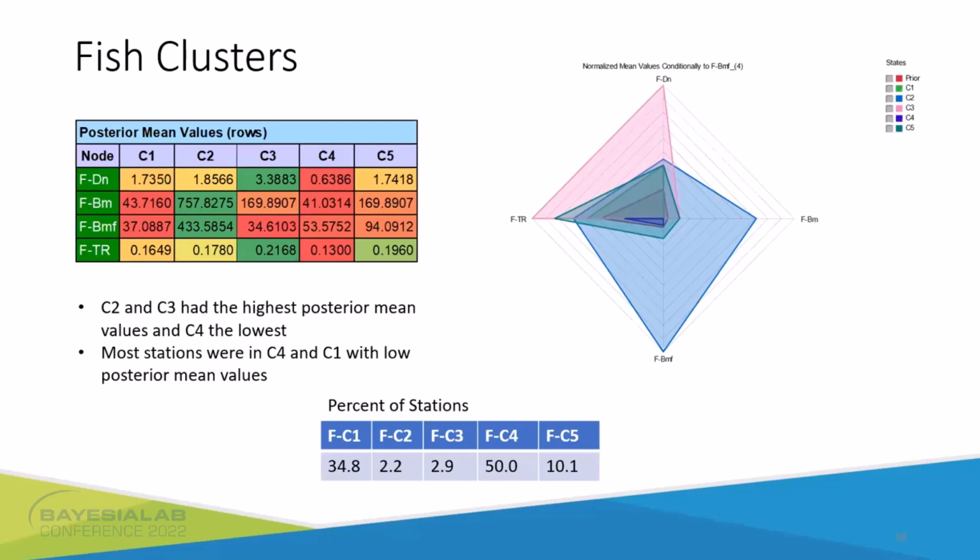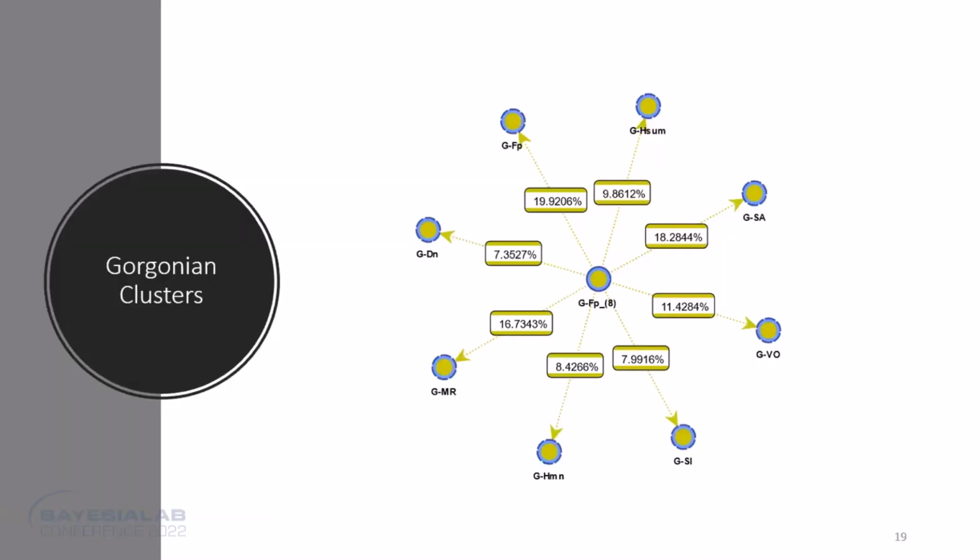Taxa richness is the number of fish species at the site. When we look at the percent of stations, we see that C2 and C3, the ones with the high posterior means, have only 2.2 and 2.9% of the data respectively. So about 5% of the data are in the high posterior mean values, so have high fish.